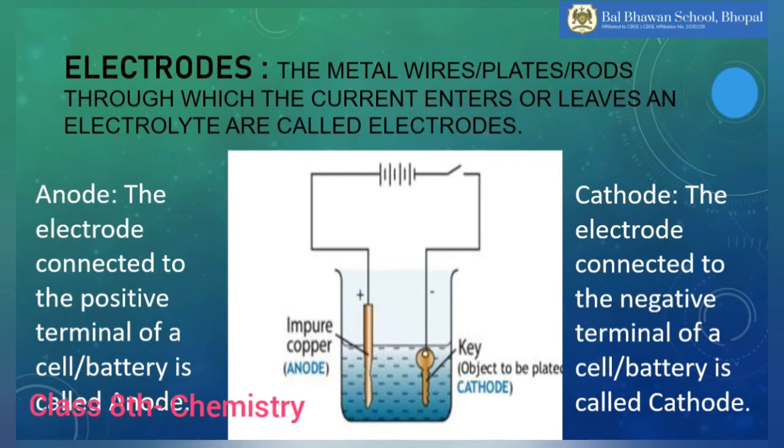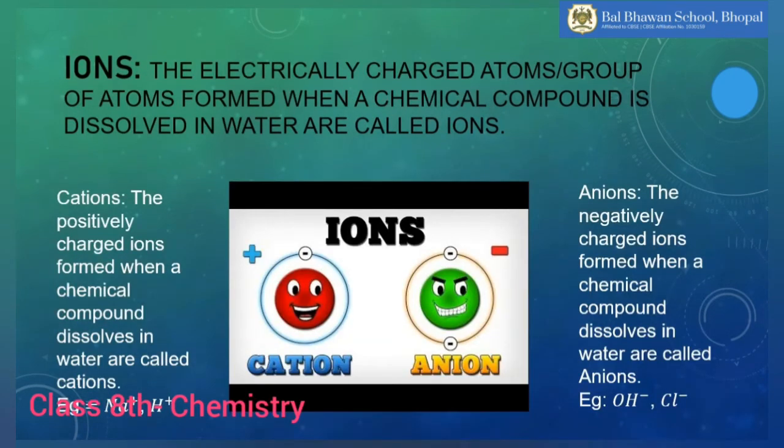These electrodes help in the process of electrolysis, and when they do, the electrolyte gets decomposed into ions. So what are ions? They are electrically charged atoms or groups of atoms. Again, they are of two types, cations and anions.